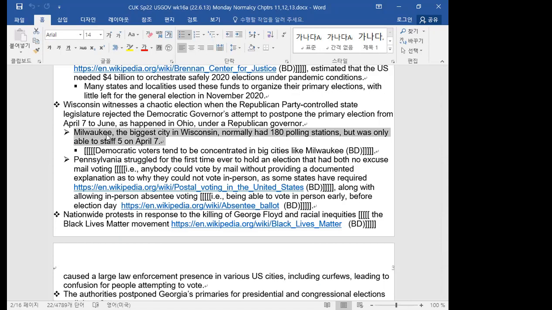So if you can make voting more difficult in big cities, you'll probably get fewer Democratic voters voting, because black people and Hispanic people vote overwhelmingly Democratic. So you can see Wisconsin, controlled by a Republican Party legislature, acted in such a way that only 5 voting stations were open in Milwaukee on April 7th, when normally they had 180.